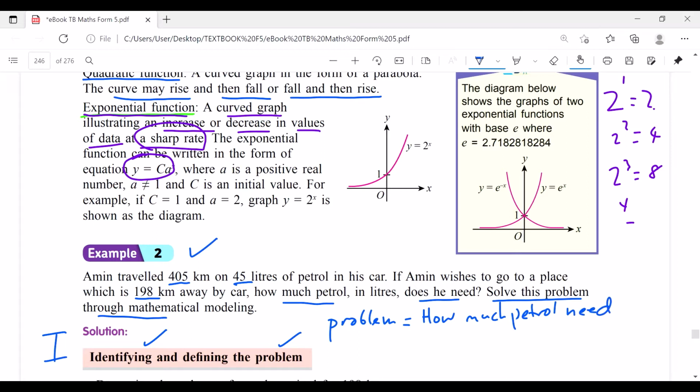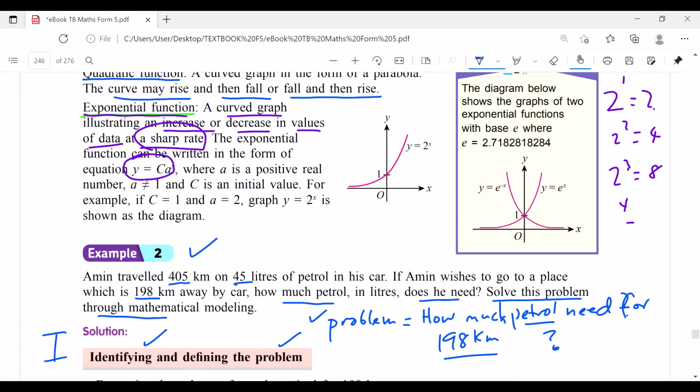Is this enough information? How much petrol needed? Can we be more specific? How much petrol needed for what's the distance? Yes, 198 kilometers. You want to know how much petrol needed for 198 kilometers. So that is the problem.